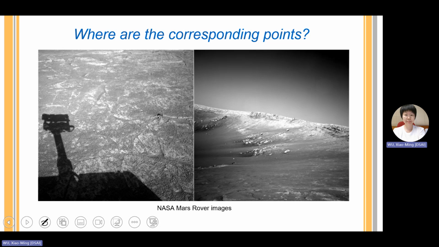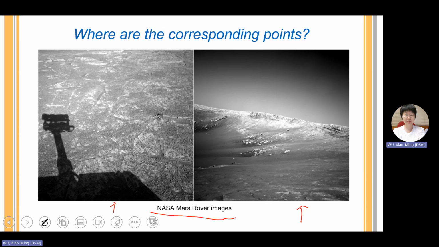Here's another example. We have NASA Mars rover images. These two images are taken from Mars. Can you identify the same areas from the two different images?